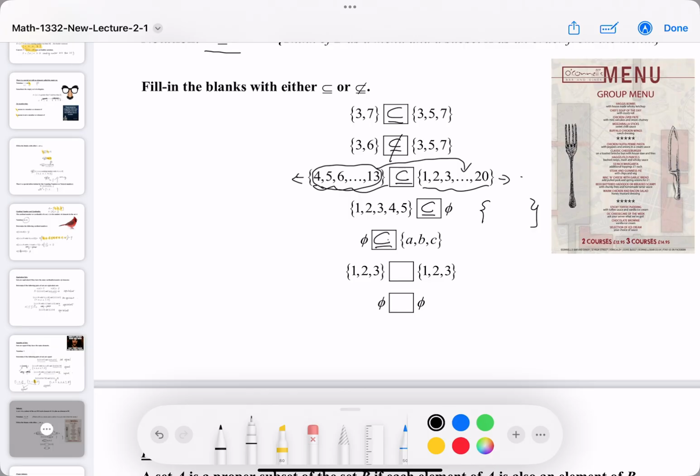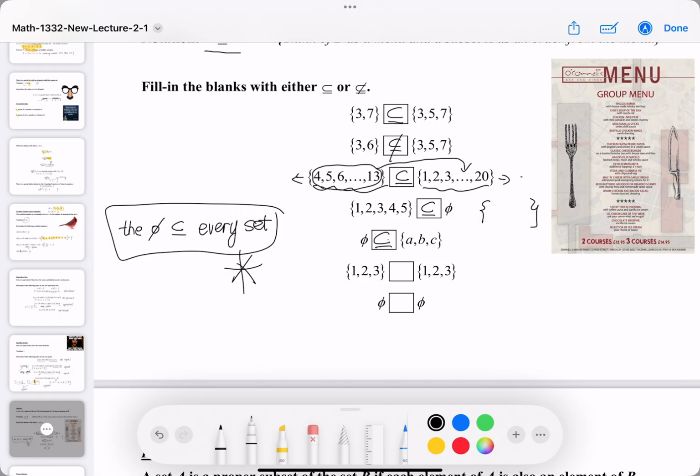Okay, let's memorize that. The empty set phi is a subset of every set. So on your notebook, on your note, let's write down: the empty set is a subset of every set. Let's memorize that.